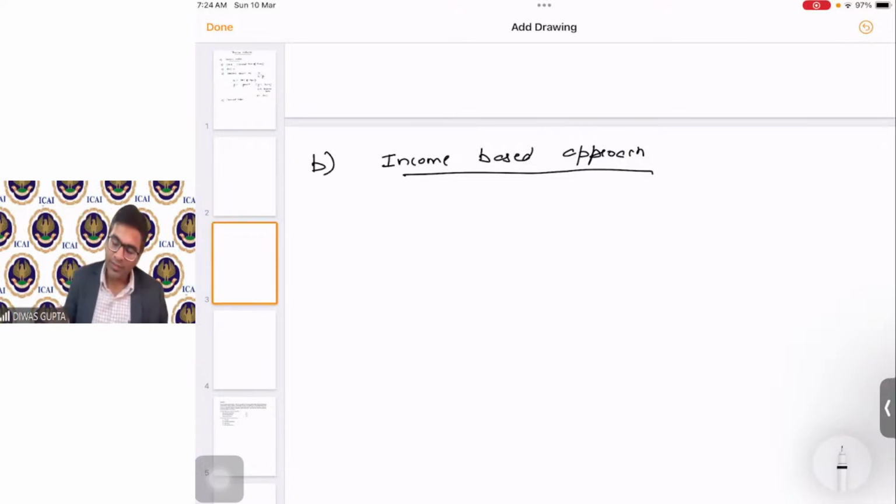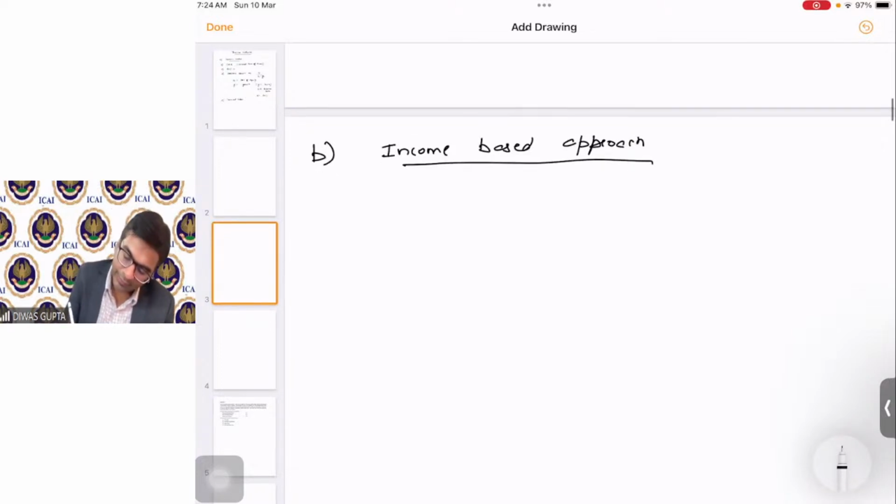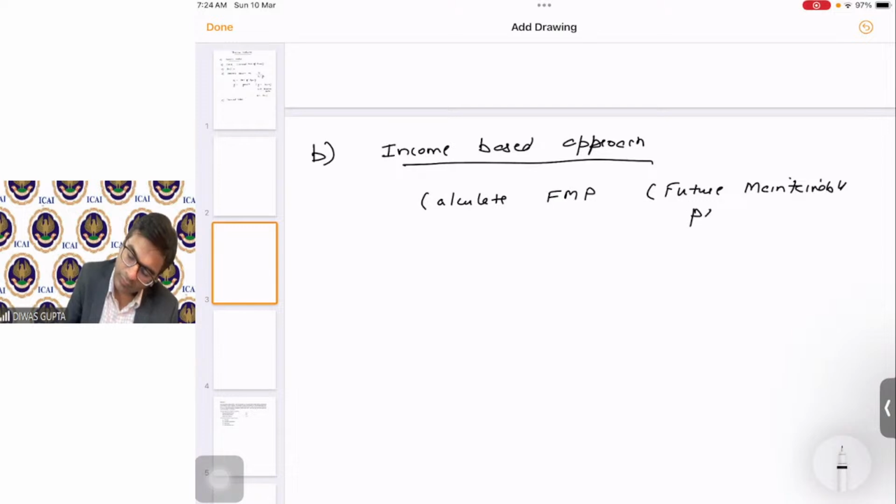So what we do is, first of all, we calculate the future maintainable profits. What do you mean by future maintainable profits?